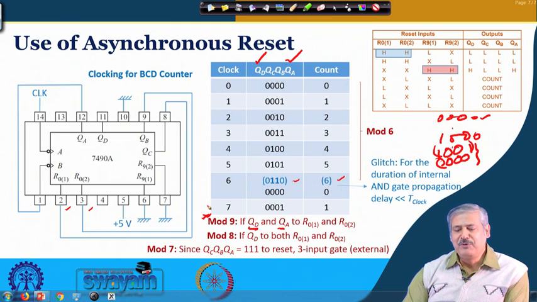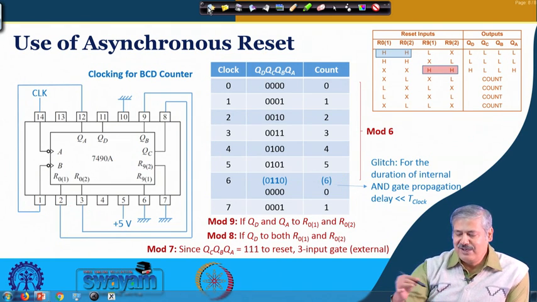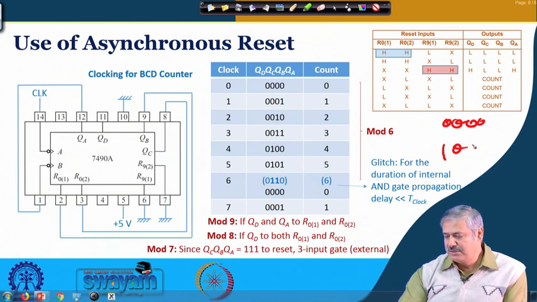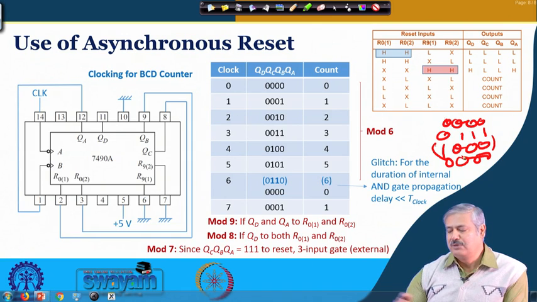Okay. If you want a mod 8 counter, what is the first occasion when this is the count? So, 0 0 0 0, then 1 0 0 0, this is the time when you want to reset it. Okay. So, before that you had 0 1 1 1, you want 1 0 0 0 and 0 0 0 0 at one particular clock cycle.